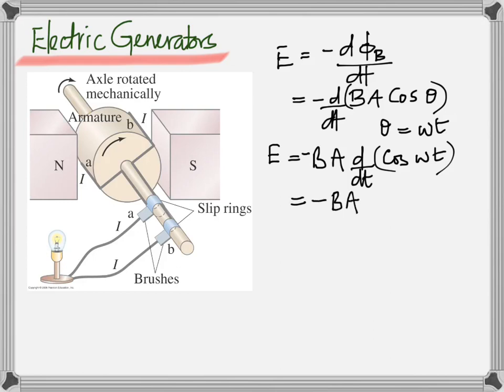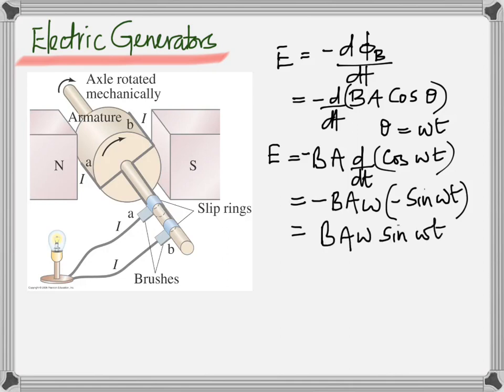And what's the differential of cos? Negative sign. So you have negative sine omega t. And do you remember that you have to take omega once more out because it's a constant? You're rotating it at a constant angular velocity. And you end up with two negatives, making it a positive. And you get BA omega sine omega t. That's for one coil, one loop.